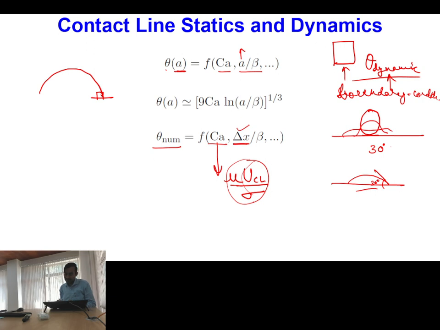So that is delta x divided by beta, where beta is the microscopic length scale which defines at what distance above this we need to calculate the contact line velocity. Is this one clear? If you use this type of formulation, then your value of theta actually depends upon the boundary cell size, okay.